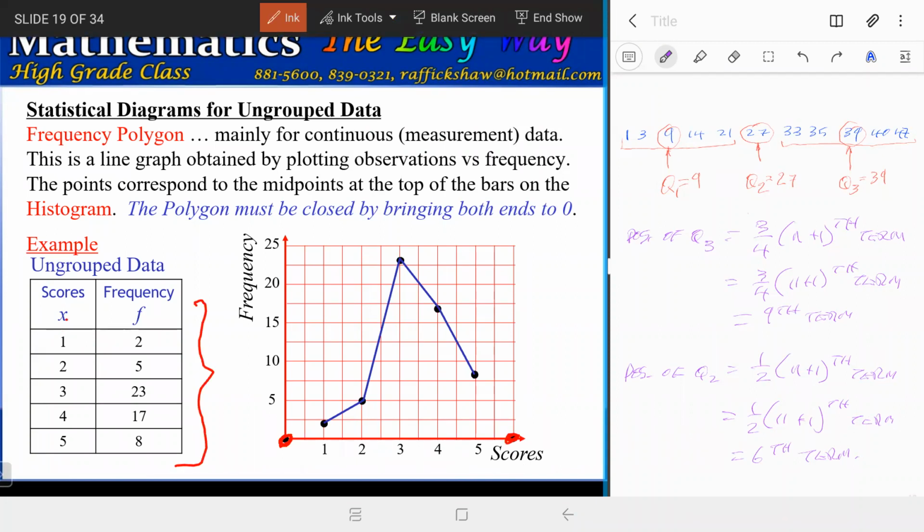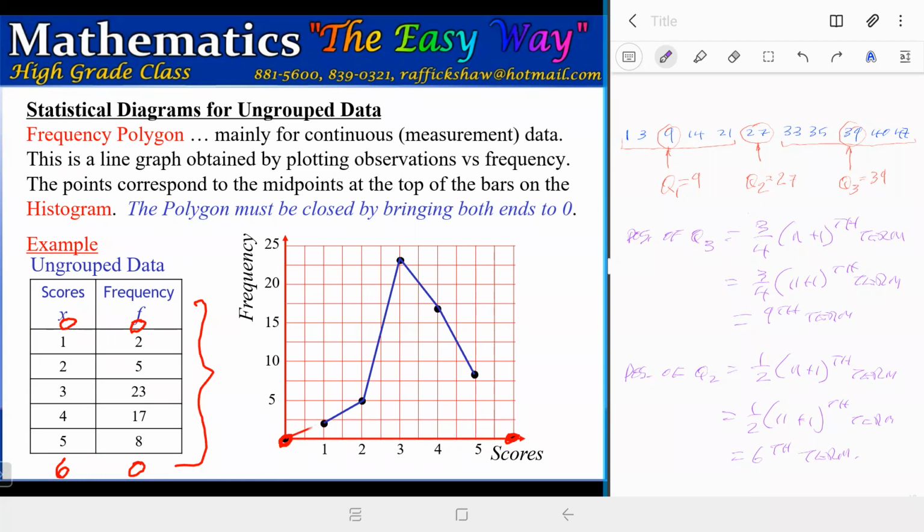So if I put a value of 0 on the table, the frequency is 0. If I put a value of 6 on the table, the frequency is 0 because they were not given originally. So those 2 points are represented by this point and this point. Right? And that is how you close your polygon, by putting in those points.